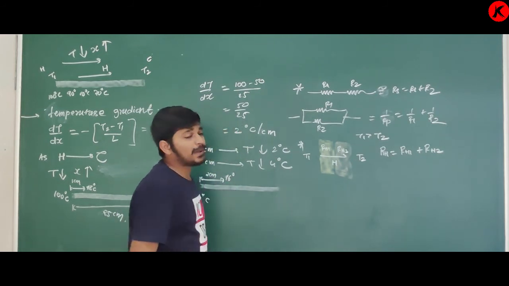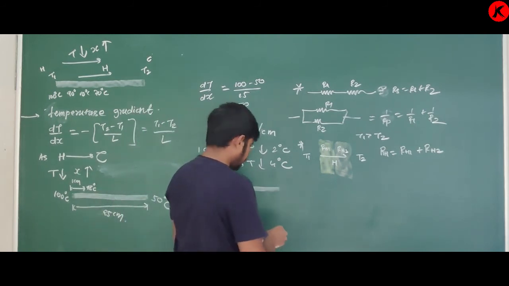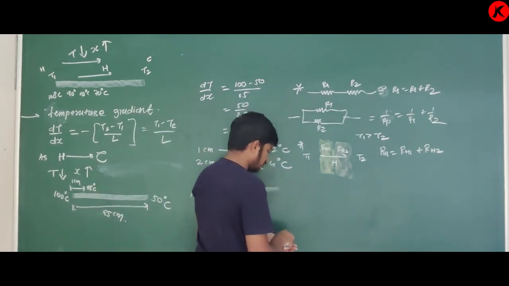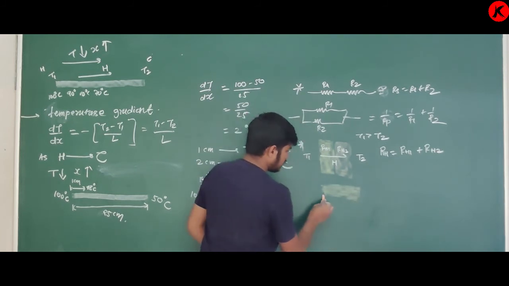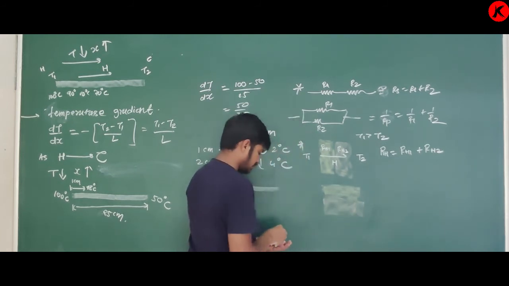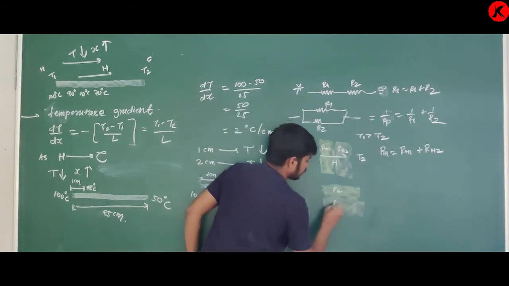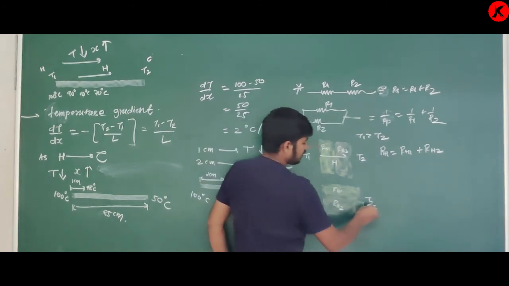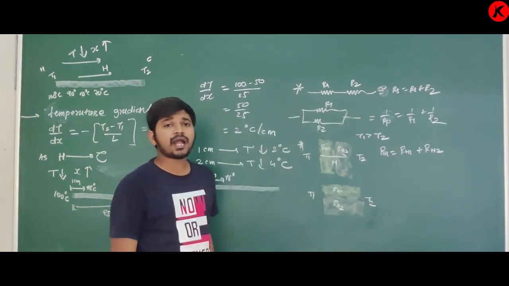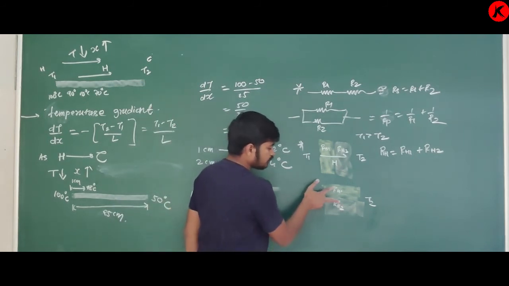In case of parallel connection, if you are given two slabs like this, one having resistance RH1 and the other having resistance RH2, with temperature T1 here and T2 here, they are said to be in parallel connection because they are two different mediums, and heat will flow like this.